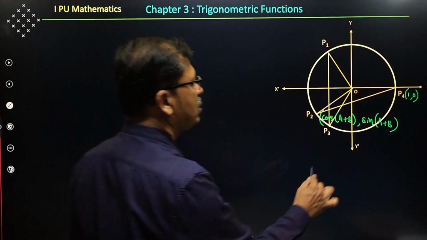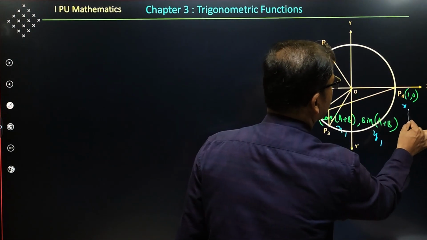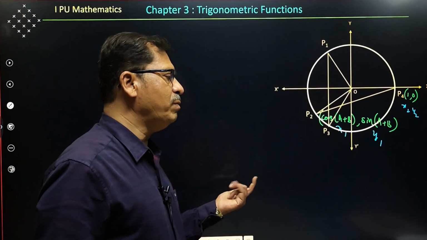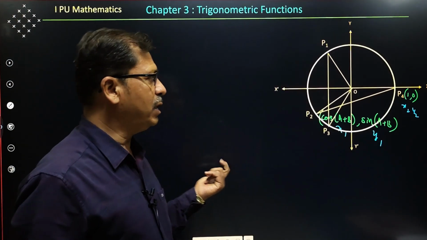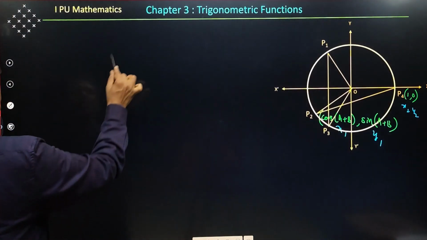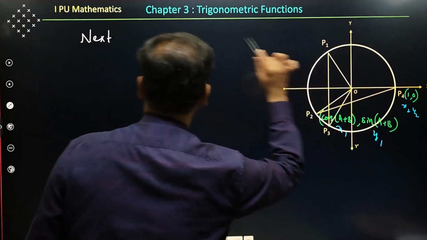See, this is x1, this is y1, this is x2, y2. Use the formula x2 minus x1 bracket square plus y2 minus y1 bracket square under the root, but the root vanishes because the square is there here. Next, I would like to calculate P2 P4 square.